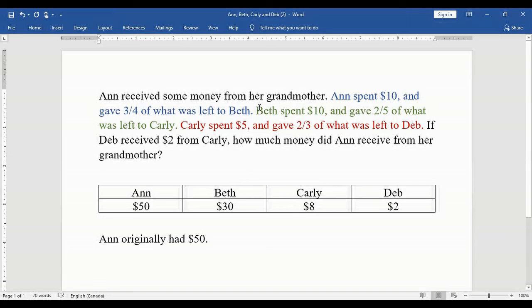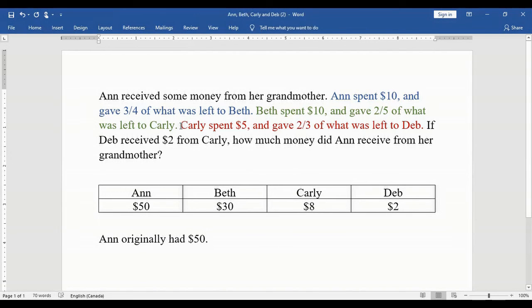All right. Now it says Beth spent $10 and gave 2/5 of what was left to Carly. All right. So after Beth spends $10, she should have $20, and 2/5 of 20 is 8, which is what Carly received.